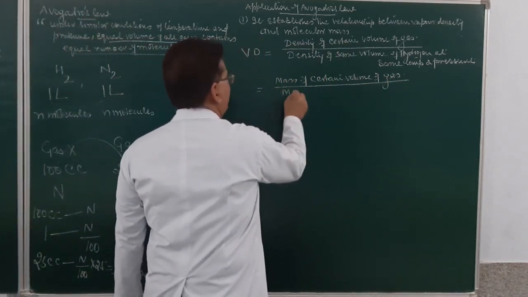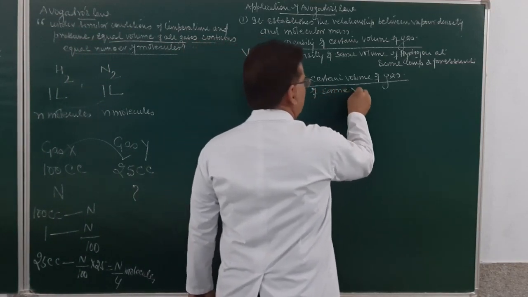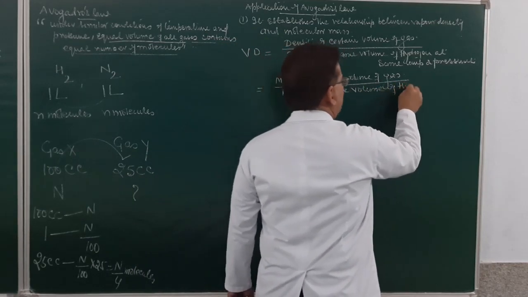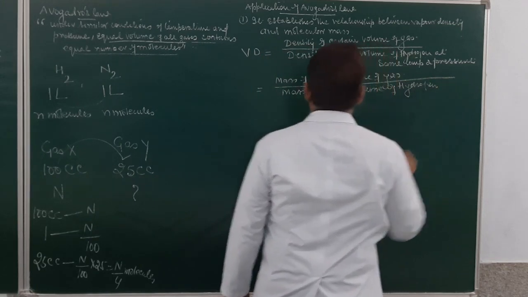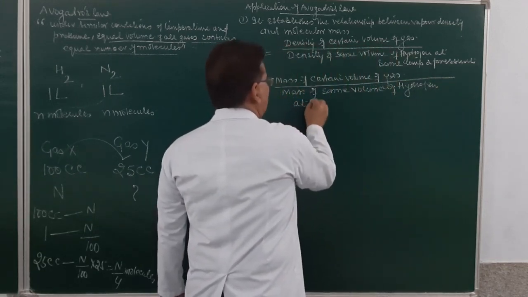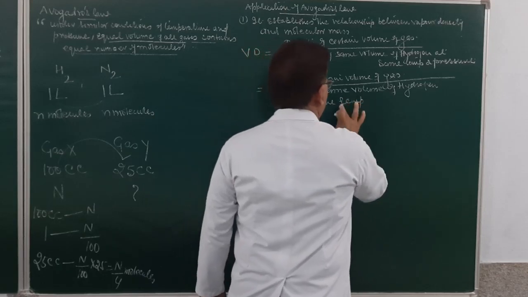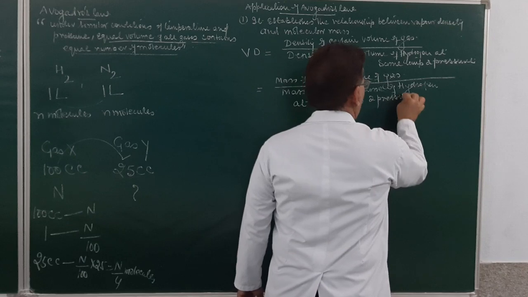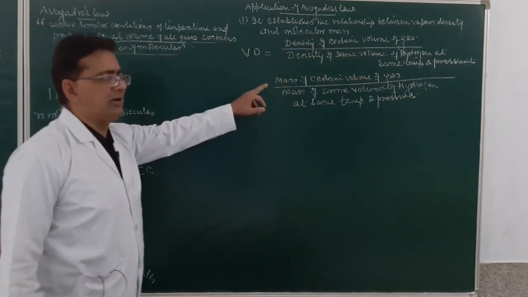This will be the mass of the same volume of hydrogen at the same temperature and pressure. Am I clear? What is density? Mass per unit volume.